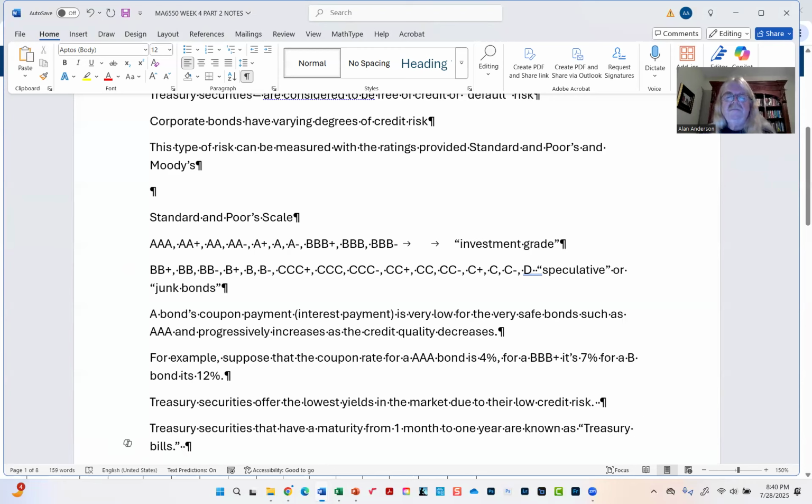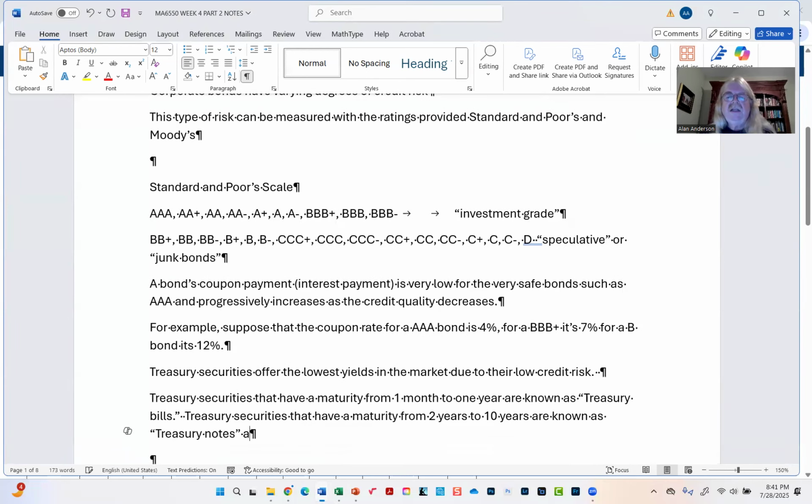Treasury securities that have a maturity from 2 years to 10 years are known as treasury notes. And then finally, the ones that have maturities between 20 and 30 years are actually known as treasury bonds. Even though technically they're all bonds, it's kind of a strange convention.